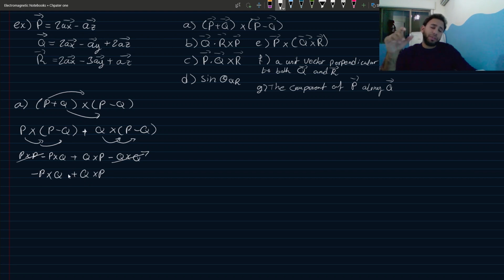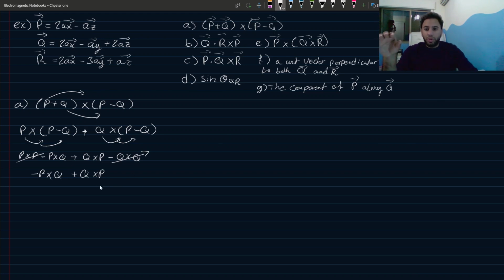Now, if you remember the first property in the cross multiplication is that the cross multiplication is not commutative. However, it is anti-commutative.